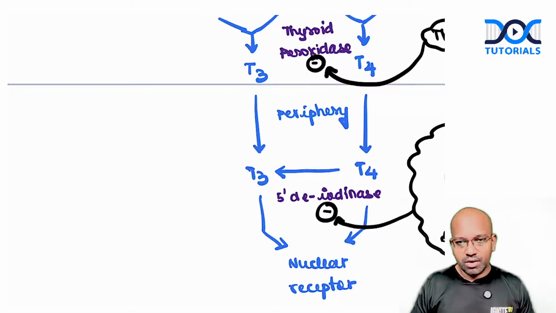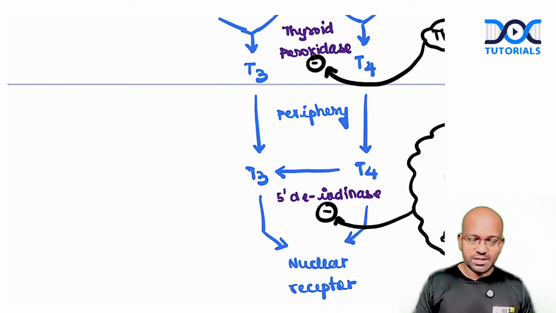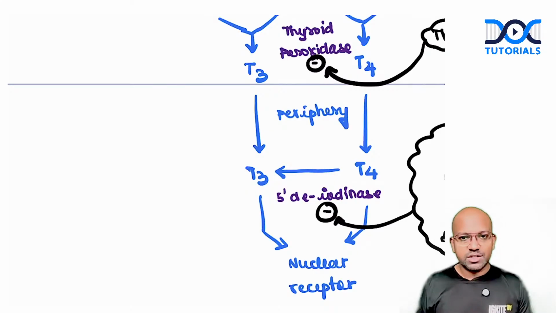What about amiodarone? That is an anti-arrhythmic drug, a class 3 anti-arrhythmic agent, which is a potassium channel blocker. Apart from potassium channel blockade, it also has multiple other channel blockades. We'll discuss more about that under anti-arrhythmic agents. So these are three drugs which inhibit the peripheral conversion of T4 to T3, or in another terminology, drugs which inhibit 5-deiodinase enzyme.